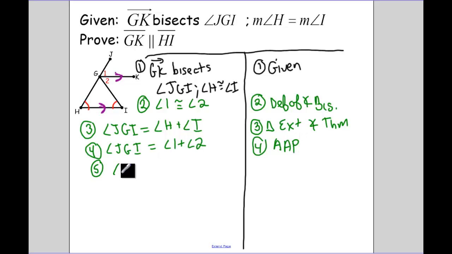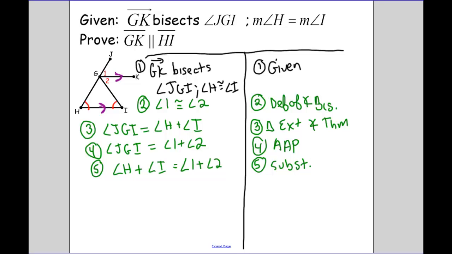So I know that angle H plus angle I is going to be equal to angle 1 plus angle 2. And that's by substitution because they both equal JGI.